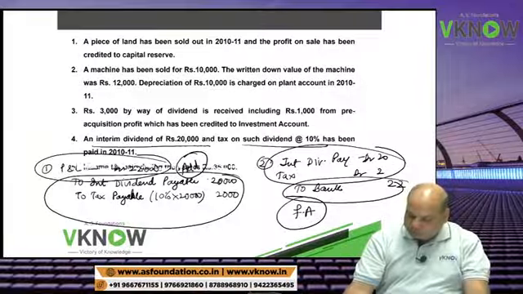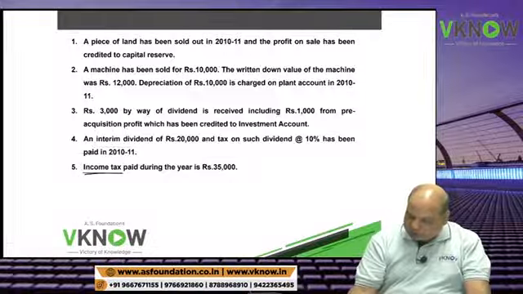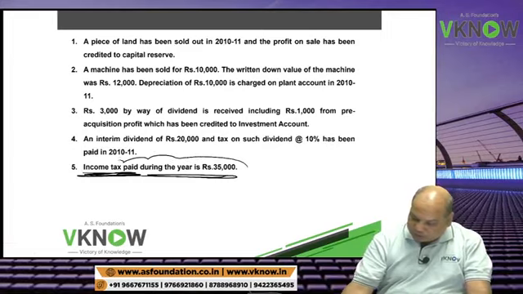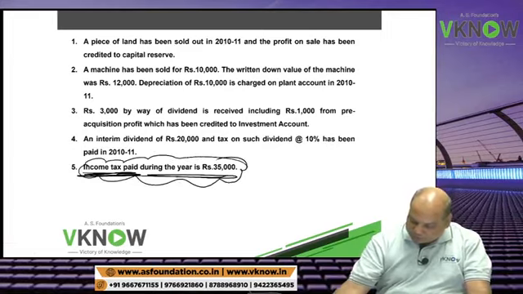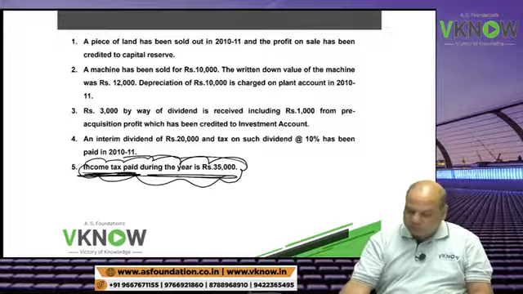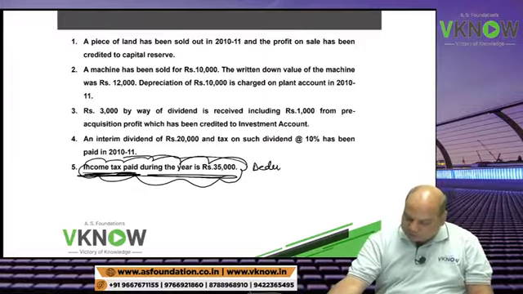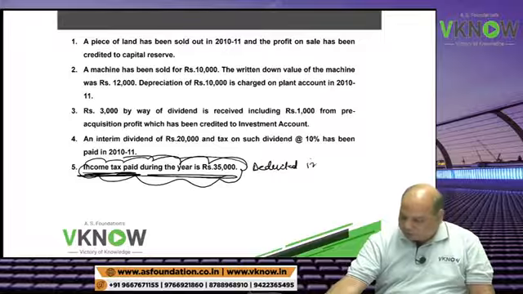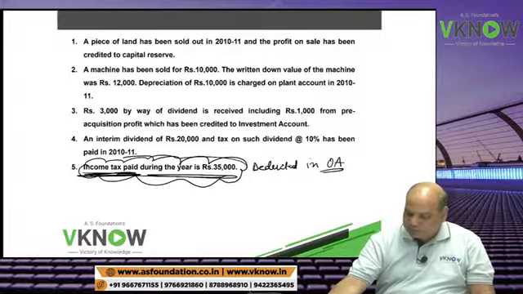Next point, number 5, income tax paid during the year. Actual tax paid will be deducted, 35,000. Income tax paid during the year, this will be deducted in operating activity.